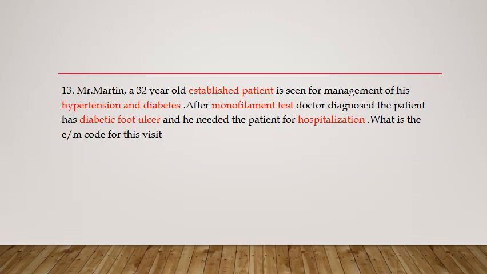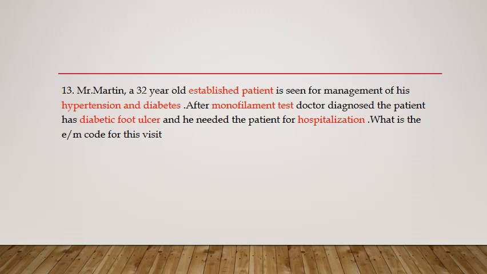So he is again an established patient, and what are his conditions? Hypertension is there, diabetes is there. These are two chronic conditions, and the physician has ordered a monofilament test. One test is ordered, and the physician has come to the conclusion of a diabetic foot ulcer for the patient.